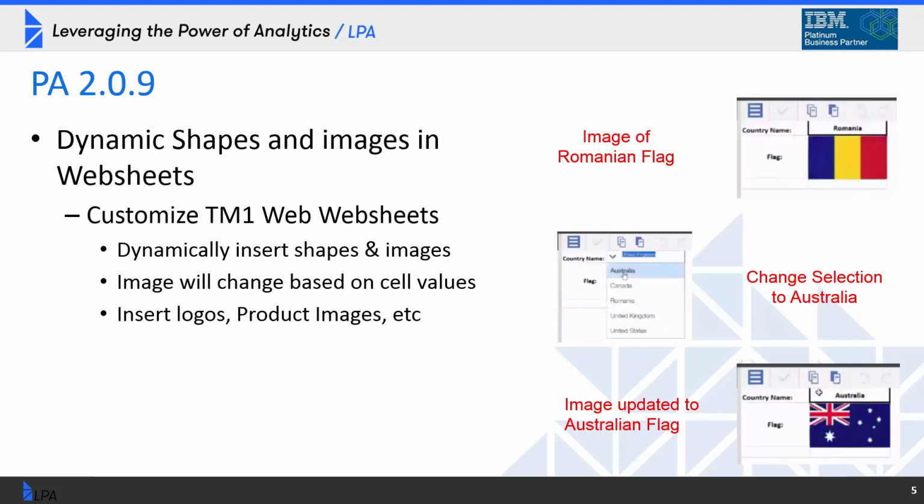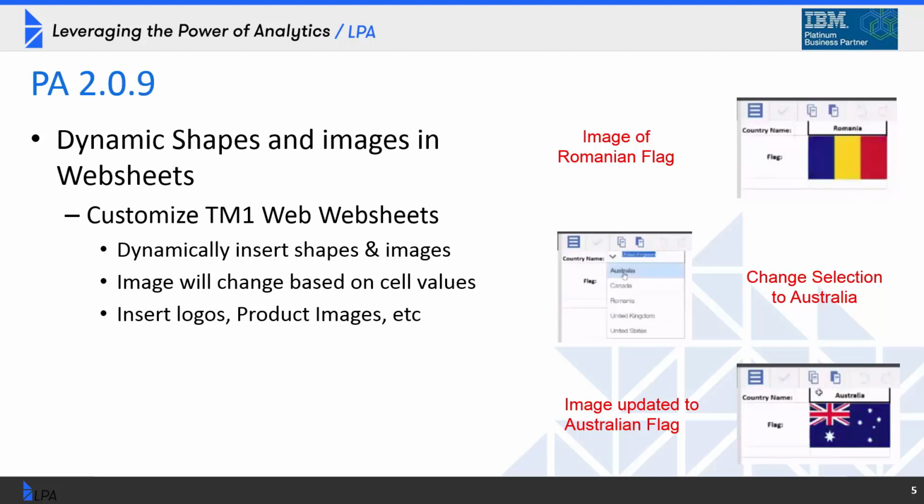This is actually really neat. You can assign images to particular items, particular elements in your environment, and have those images come up when people drill on them or click on them or select them. As you'll notice on the right hand side, we pick Australia, the Australian flag comes up.